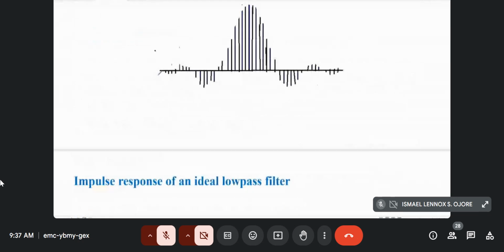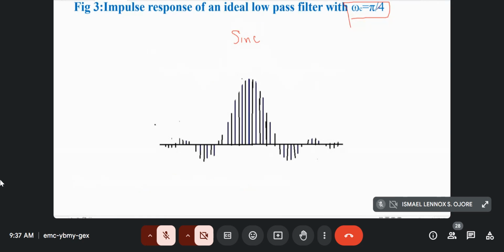So this will be the desired response for this filter, but this is not realizable because this is supposed to be going from negative infinity to infinity. It is also not causal, just this part.